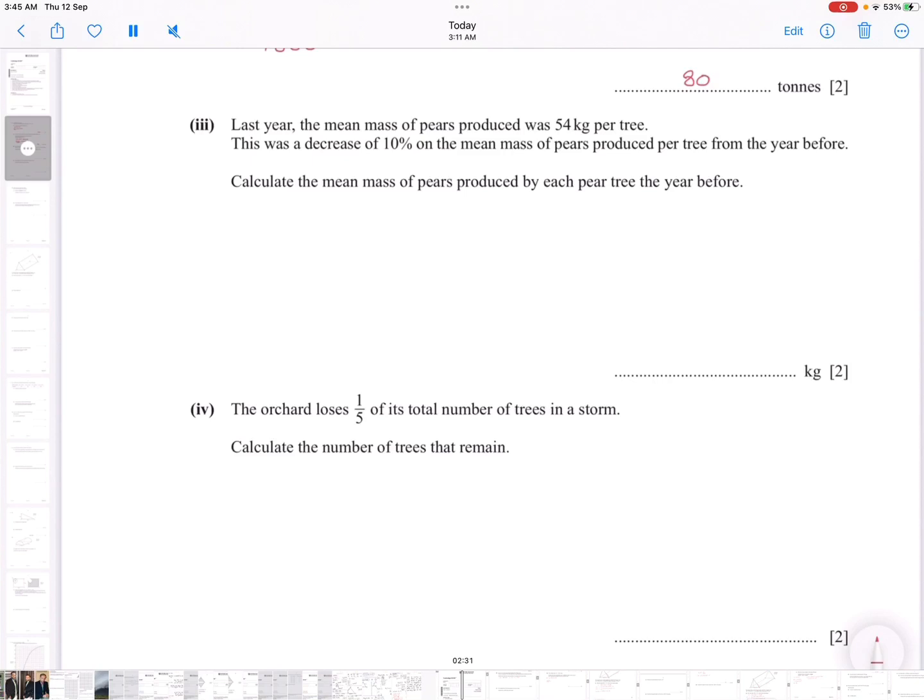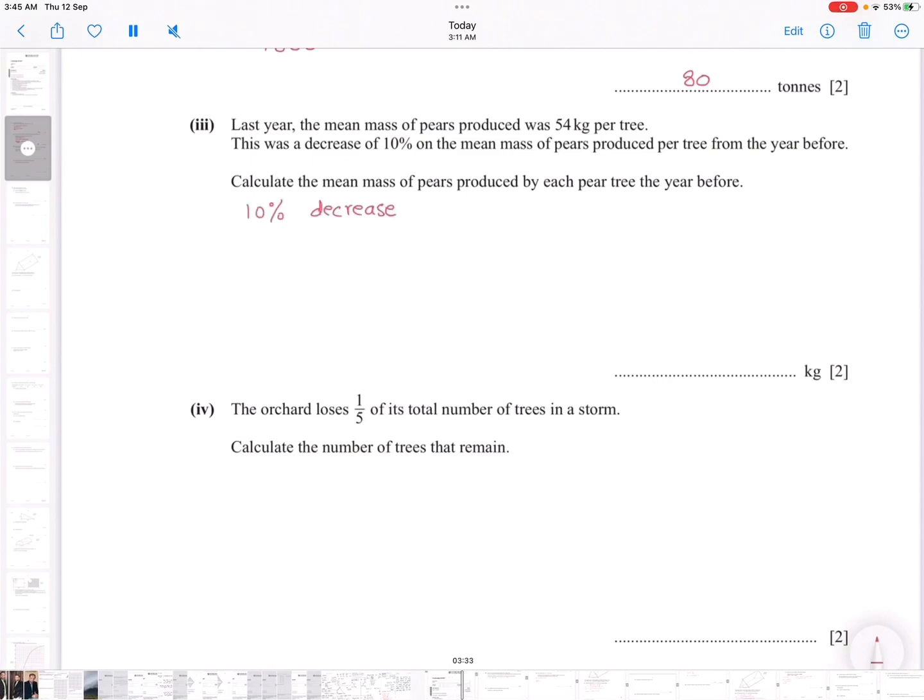Last year mean mass of pears produced was 54 kg per tree. This was a decrease of 10% on the mean mass of pears produced per tree from the year before. Calculate the mean mass of pears produced by each pear tree the year before. So the year before, make it x, and decrease of 10% means you subtract 10 from 100.